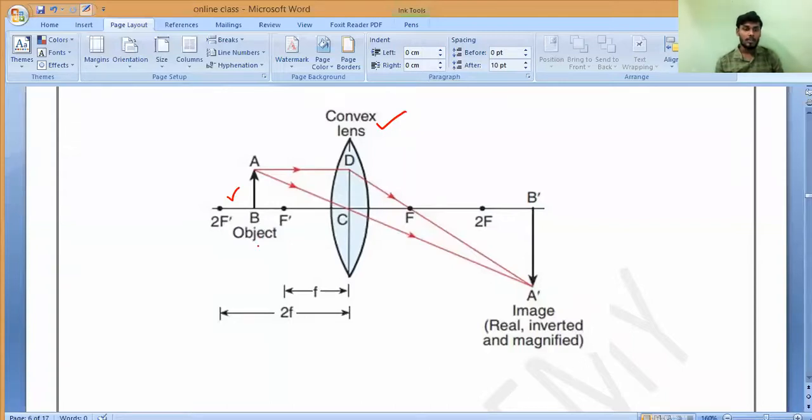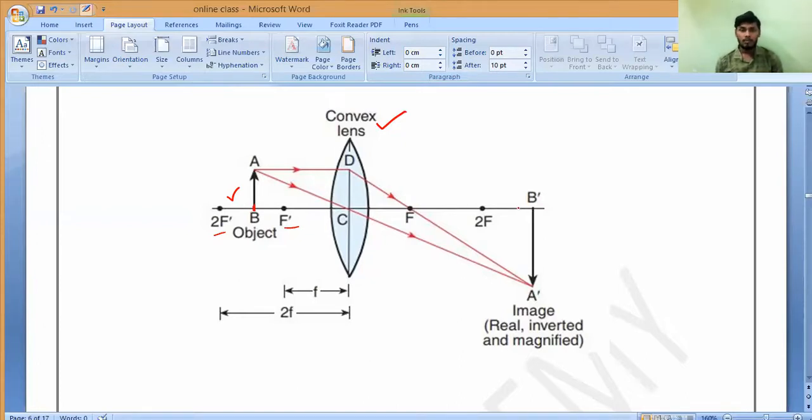Take the object exactly in the middle between F dash and 2F dash: 3 centimeter, 4, 4.5, 5, 5.5, 6. So 3 to 6, the exact middle is 4.5. Take the object there in your notebook, at the midpoint. You can keep it anywhere, not an issue, but keep it in the middle. Do you understand?